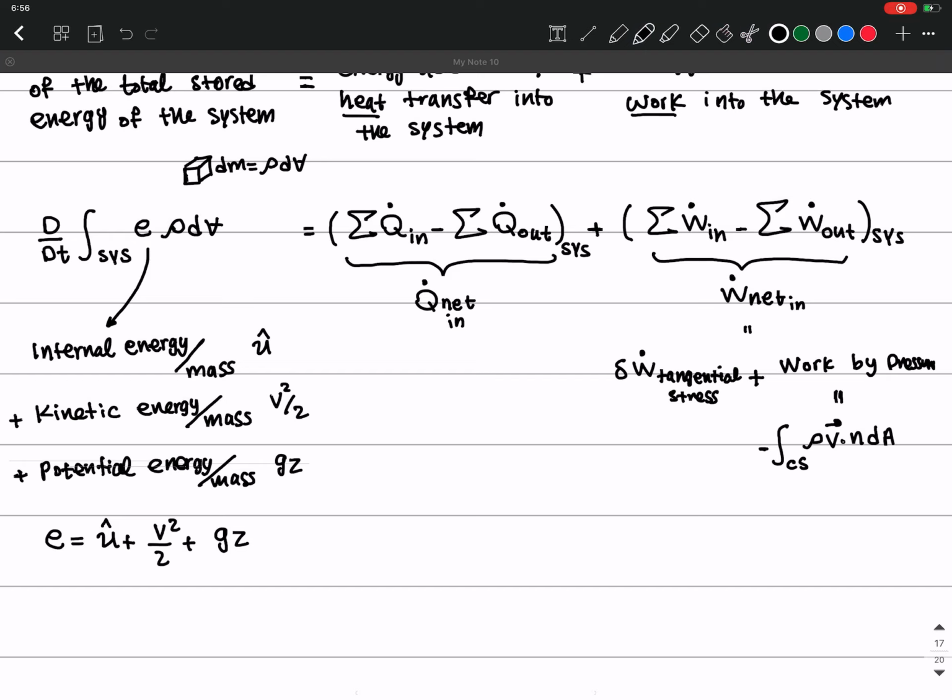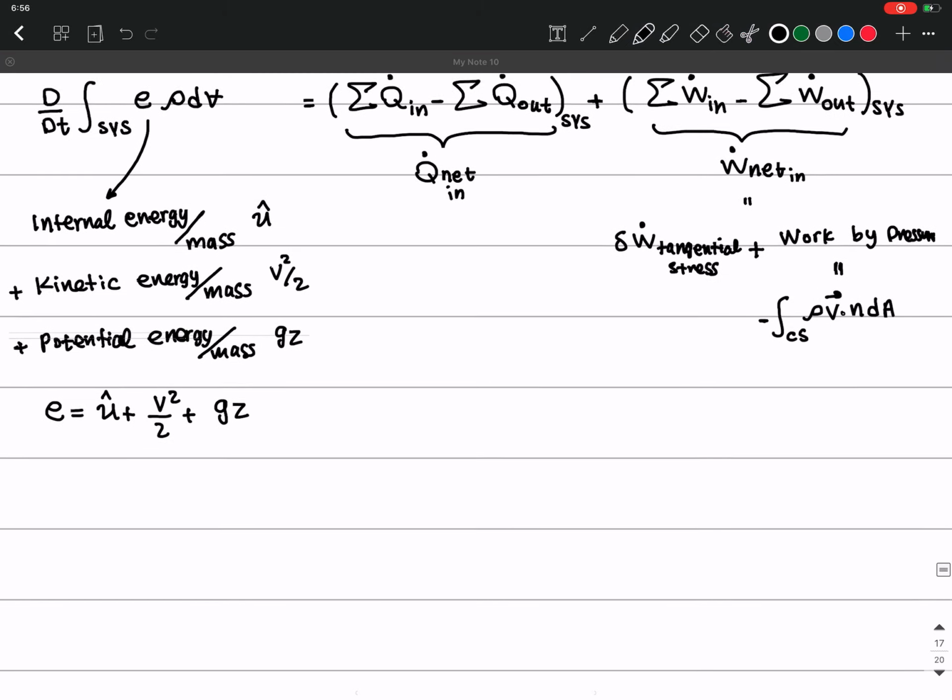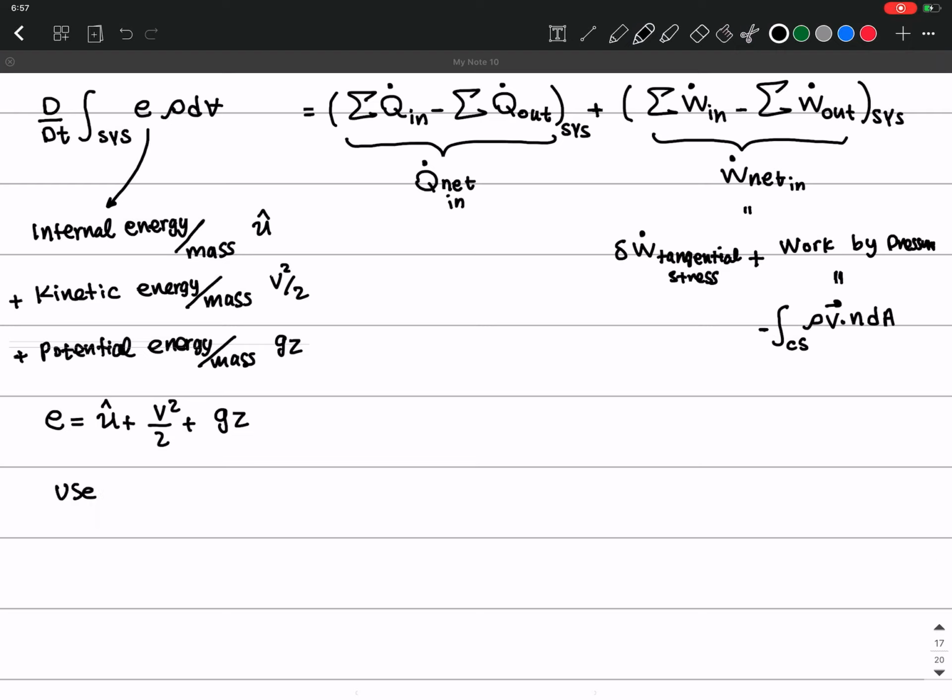Let's now use the Reynolds transport theorem for this term, for E rho. What was the Reynolds transport theorem?